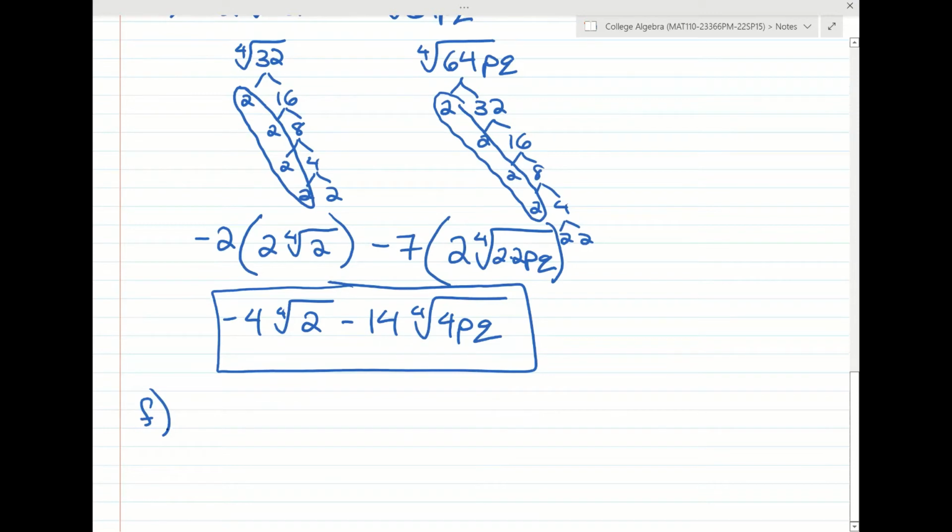What if we had the cubed root of p to the fourth, q to the seventh, minus the cubed root of 16 p squared q to the fifth?